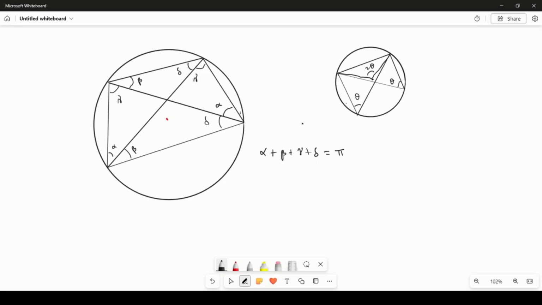Okay, and there we go, we have it, because as you can see, alpha plus beta plus gamma plus delta is pi. And we have here gamma plus beta and alpha plus delta, pi. There you have it. So pretty interesting properties coming out from really simple geometry.